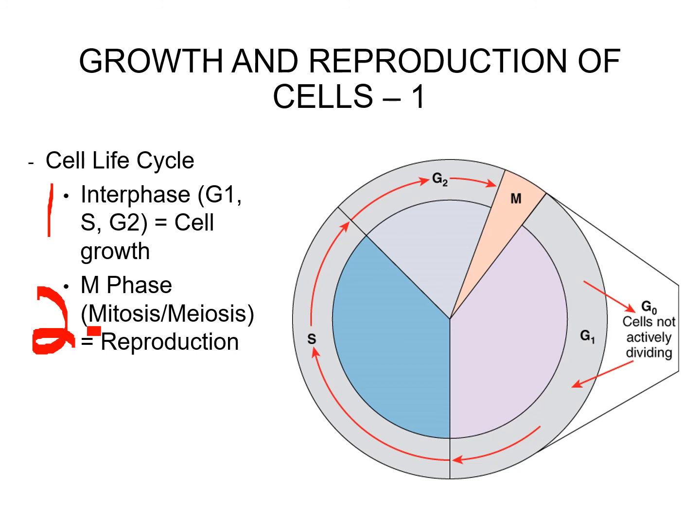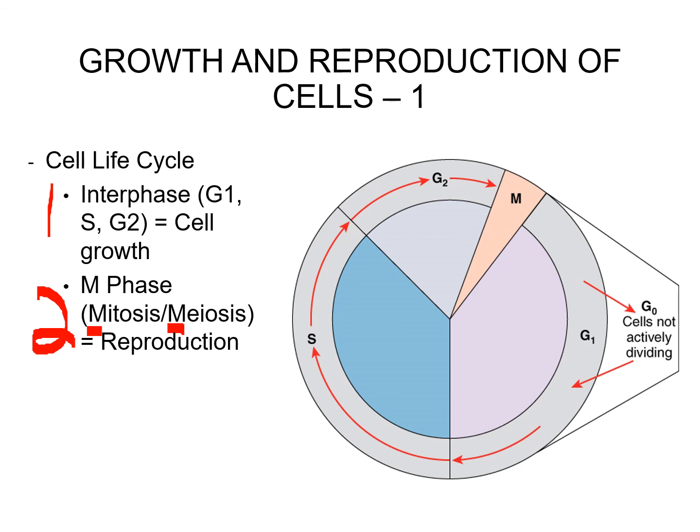It could stand for mitosis, if we're talking about bone cells, skin cells, pancreas cells, gut cells. And then it could also stand for meiosis, and that's going to be your sex cells. So that's going to be your sperm in guys and your eggs in ladies. So depending on what we're making more of, it can be mitosis or meiosis. But it's always going to be in this order. It's always going to be interphase first, followed by the M phase, if we are duplicating or making more cells.